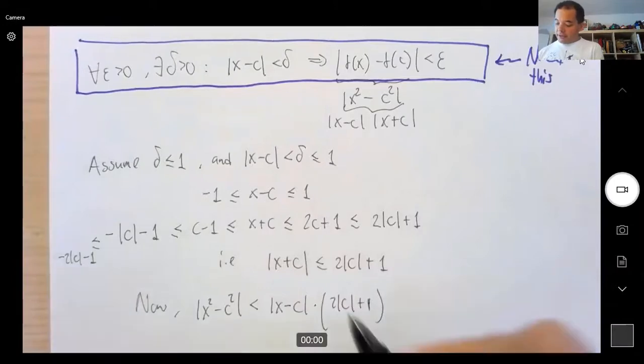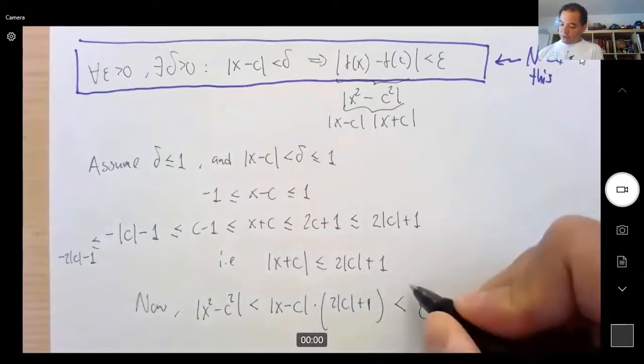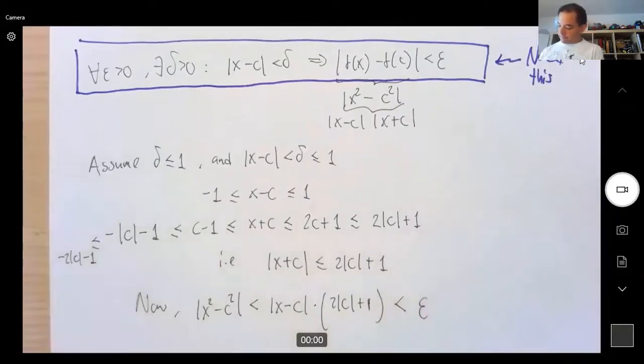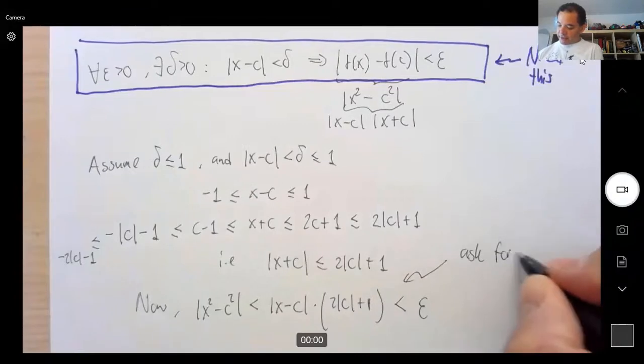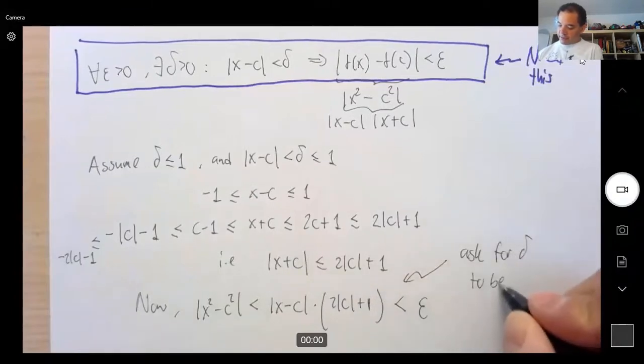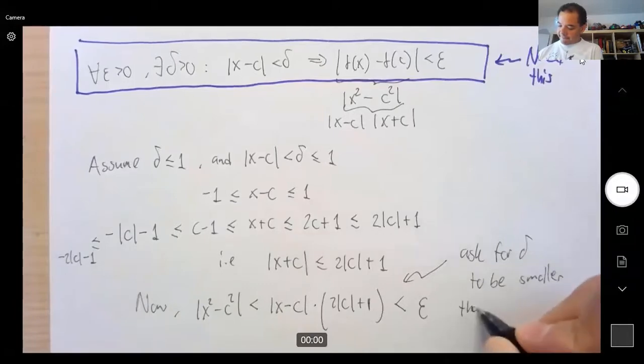And then all I need to make this less than epsilon is to pick this number less than epsilon over this, right? So to make this work, ask for delta to be smaller than epsilon over 2 times the absolute value of c plus 1.